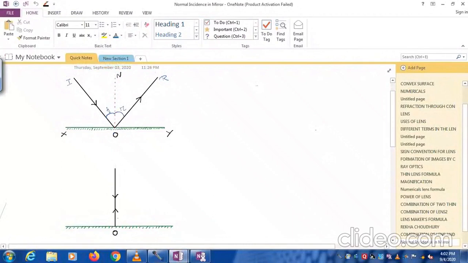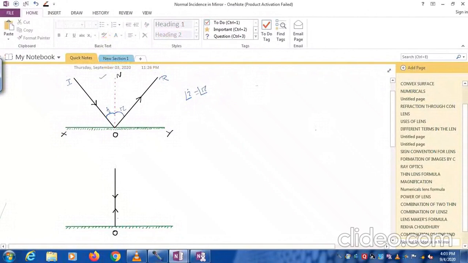See, there are two laws of reflection, and there is a law that i is equal to r, that is the angle of incidence is equal to angle of reflection. Here is a phenomenon of reflection, this first diagram.